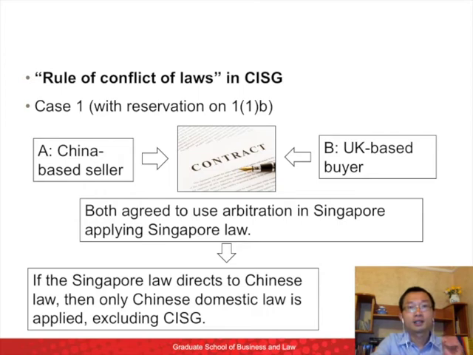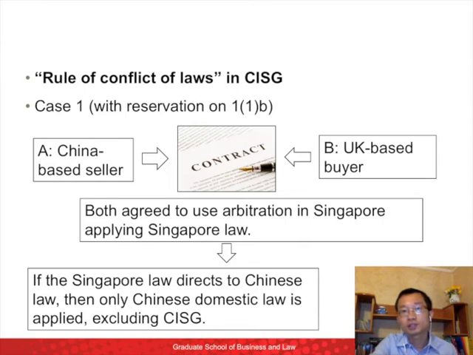Okay, let's have a look at some hypothetical examples regarding private international law in the CISG. A is a China-based seller and B is a UK-based buyer. They entered into a contract of sale of goods in the CISG sense. In the contract, they agreed to have arbitration in Singapore to settle possible disputes, and the applicable law is Singapore law.